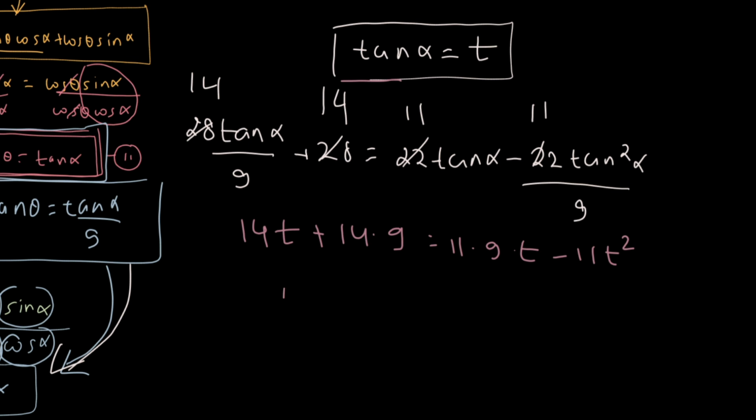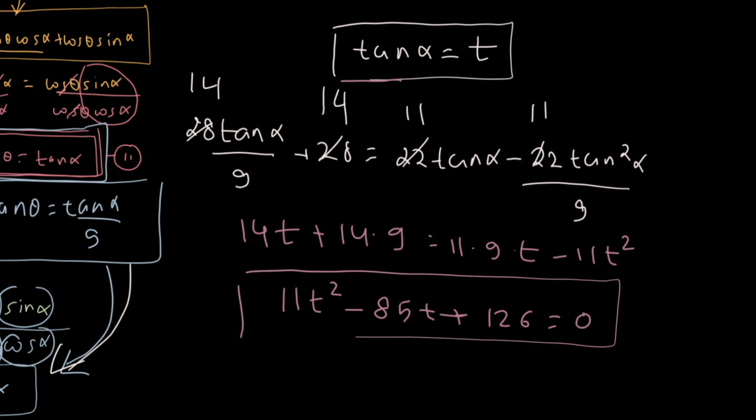So simplifying this thing gives me 11 times t square plus 14 times t minus 99 times t, and that is negative 85 times t. So minus 85 times t plus 14 into 9, that's 126, and this thing is equals to 0.